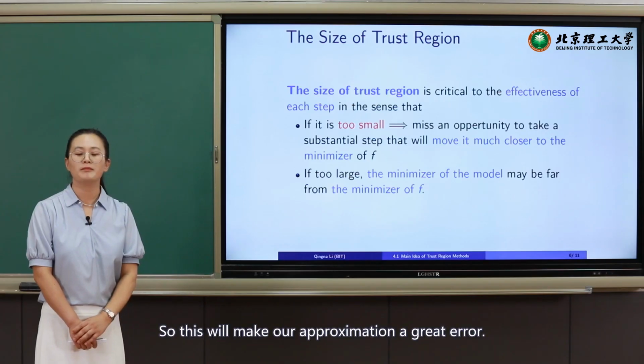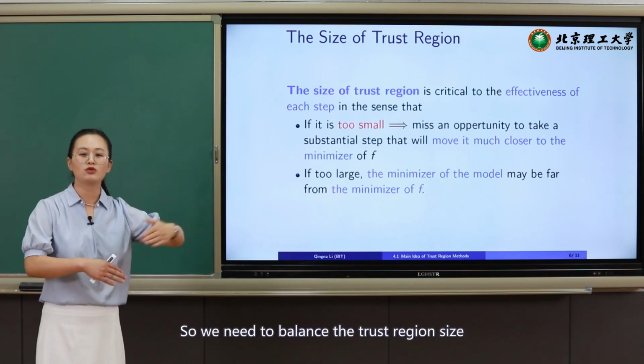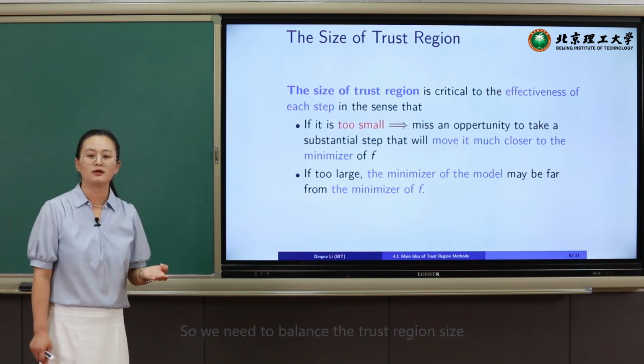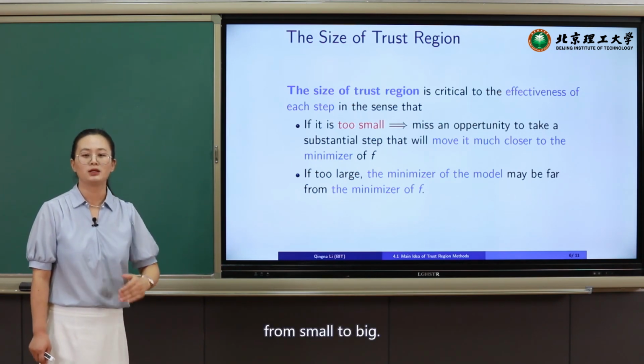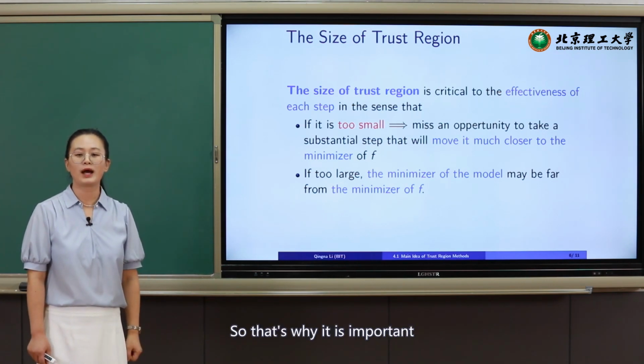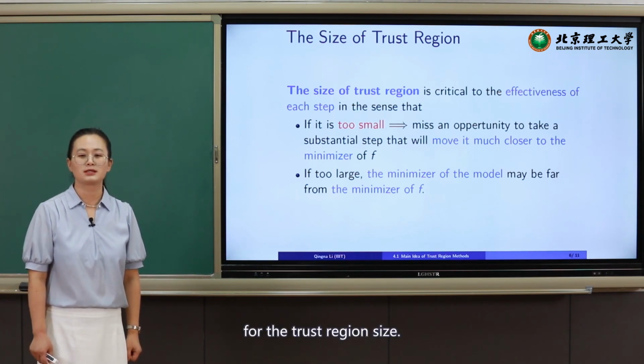So this will make our approximation have a great error. So we need to balance the trust region size from small to big, and we need to choose a proper one. That's why the trust region size is important.